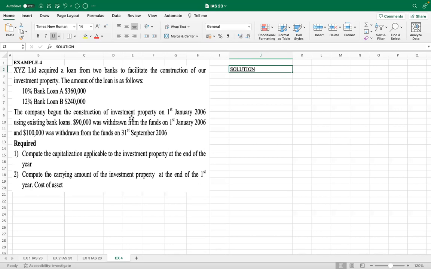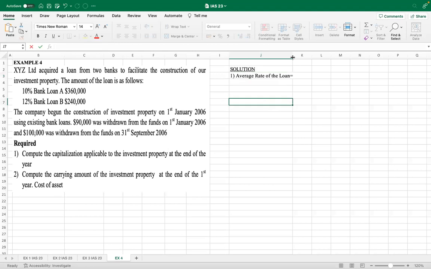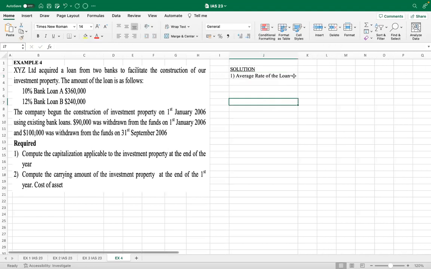So whenever you have 2 different types of loans, you must calculate as an accountant what is known as the average rate of the loans, because these are 2 different banks. So your first working is to calculate the average rate of the loan, so that we have one rate for all the loans.